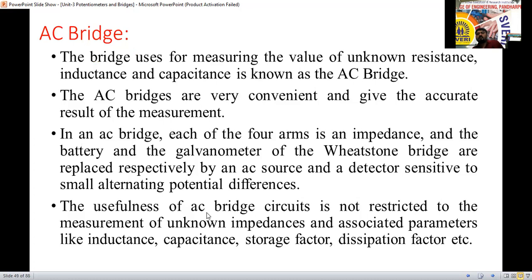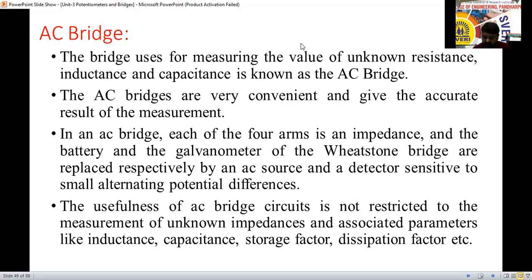Next we'll go for the AC bridges. The bridge used for measuring the value of unknown resistance, which we have discussed, is for DC. For the combination of resistance, inductance, and capacitance, we are going to use what are called AC bridges. If we measure resistance, inductance, and capacitance, that measuring method is called AC bridges.